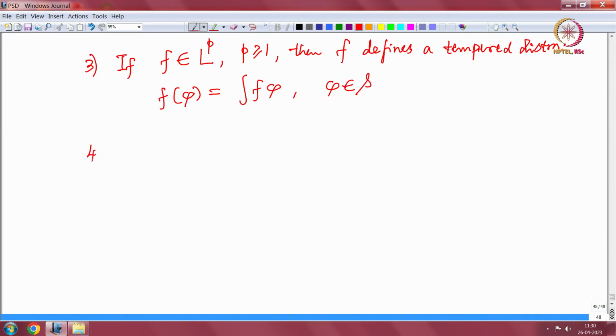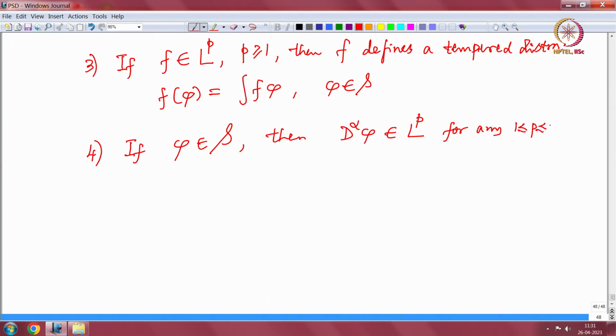So, here is that thing. If phi belongs to S, then d alpha phi belongs to LP for any p up to infinity, and all multi-indices alpha.